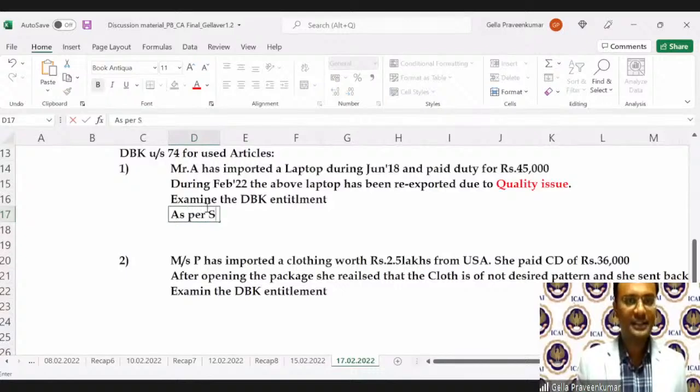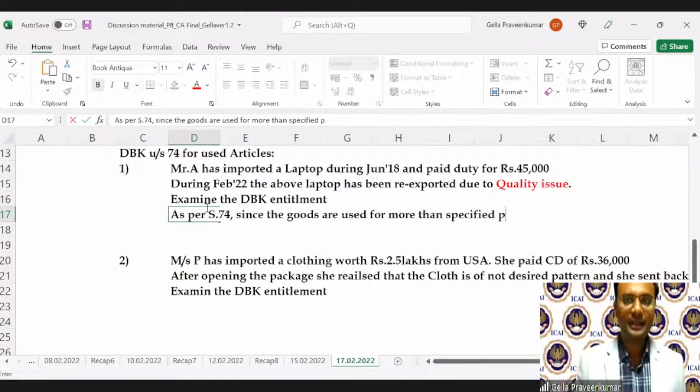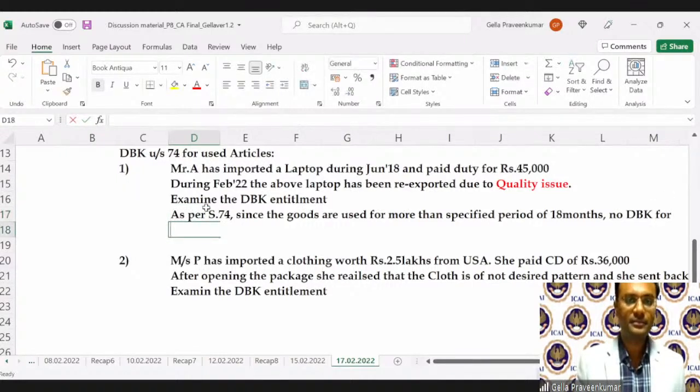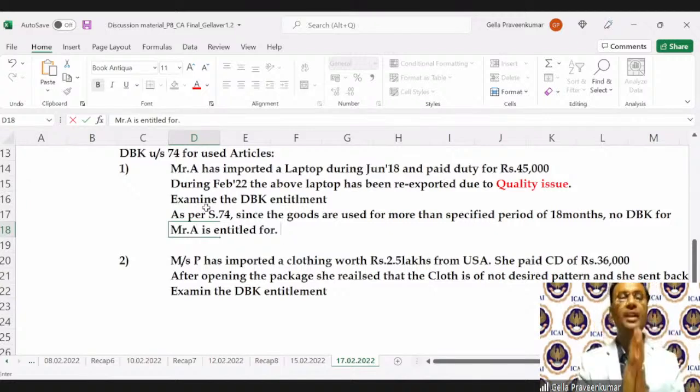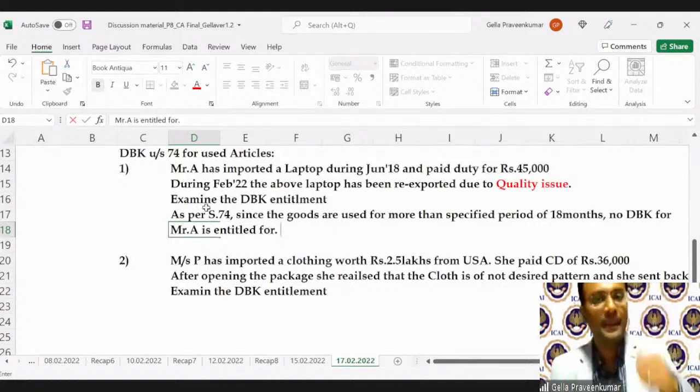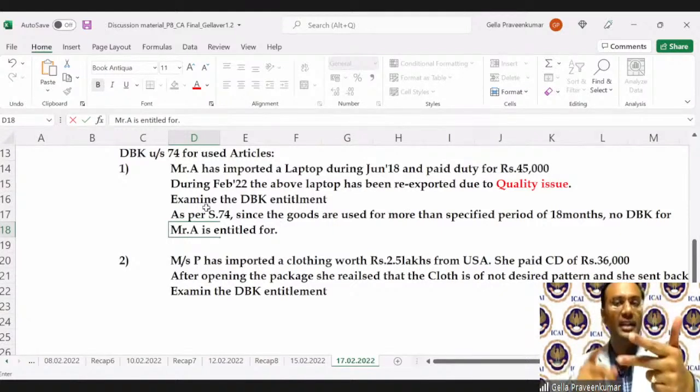As per section 74, since the goods are used for more than the specified period of 18 months, no drawback is entitled for Mr. A. In addition to this, we can also say that for re-export, my time limit is 2 years. Now here, June 18, June 19, June 20.